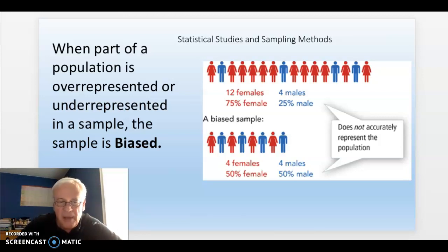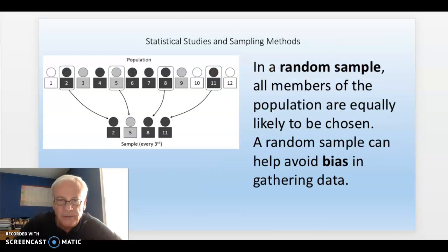That's known as biased, and that's one of your vocabulary words today. It doesn't fully represent the population because it over or underrepresents a certain part of it.